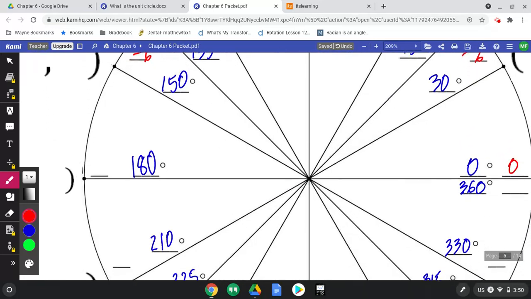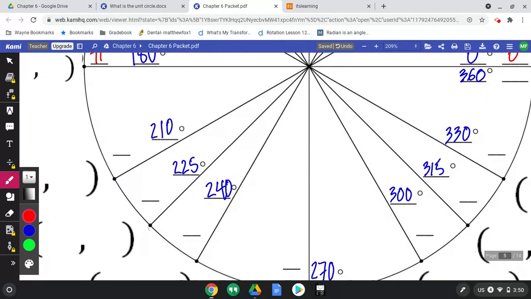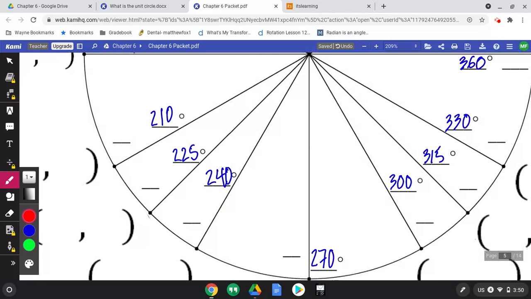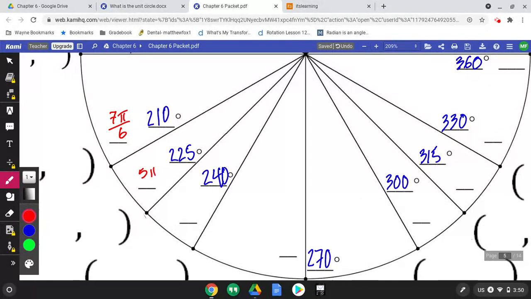Now over here you might notice at 180 it's just pi, which hopefully makes sense because you might recall from last semester we know the whole circle is 2 pi radians. Down here, 210, 7 pi over 6, then 5 pi over 4, and 4 pi over 3.